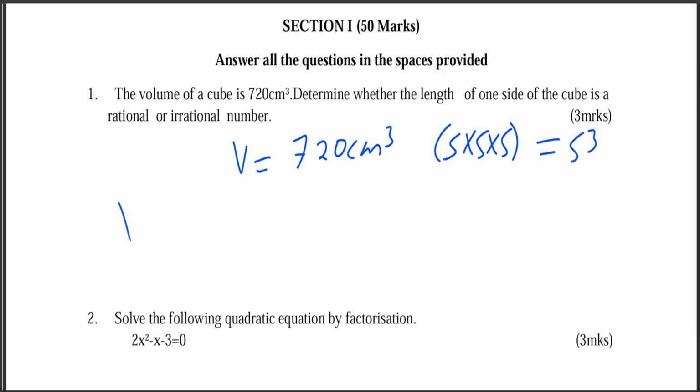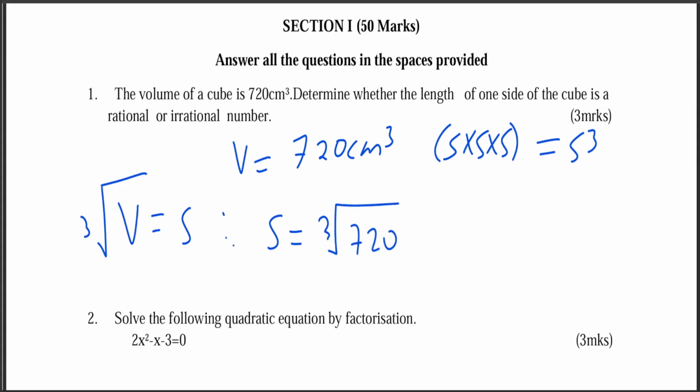If you want the side alone, you take the cube root of the volume. So we need the cube root of 720, let's see how much it gives us.